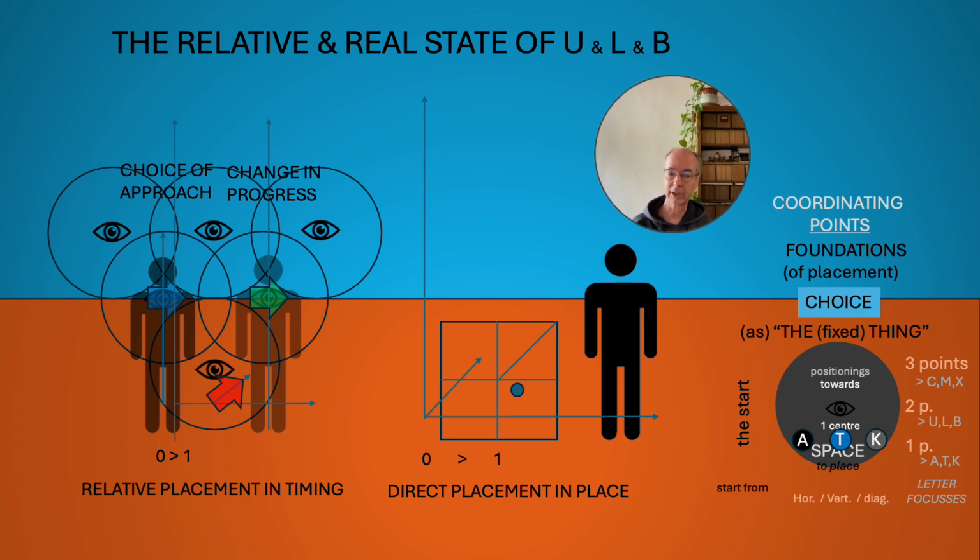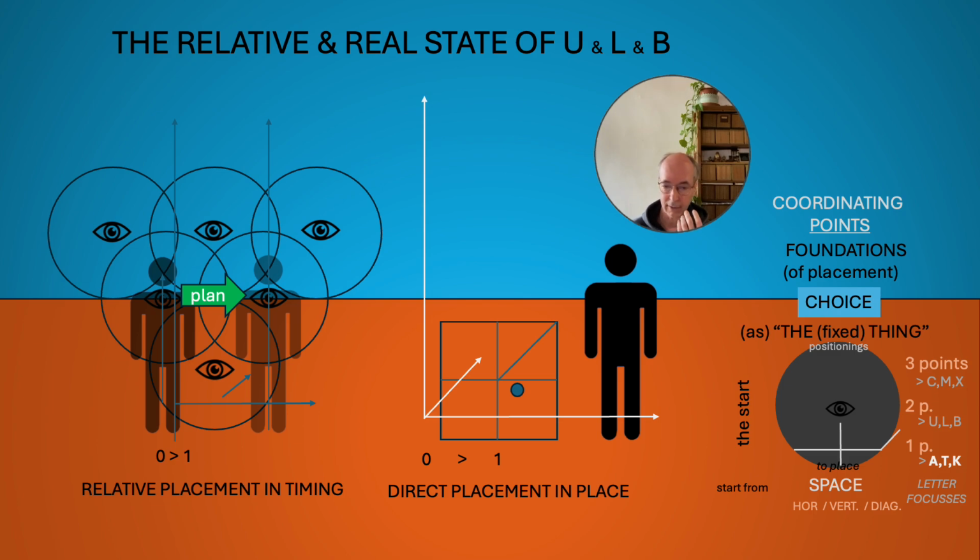And so there's a change possible in the approach, and there's also a change possible in the future, in the progress that you will get. How much will I achieve? All these processes are timed, and they have different timings, and they're very dependent on each other as well. Too complicated for now. I will park this away, but let's go from A to K into the two options, in the timing aspect and in the placement aspect.